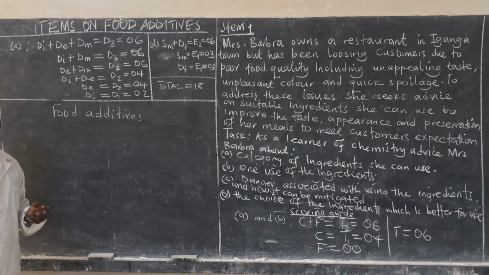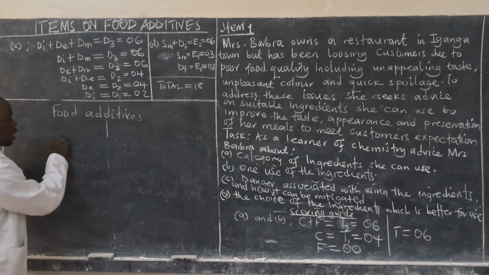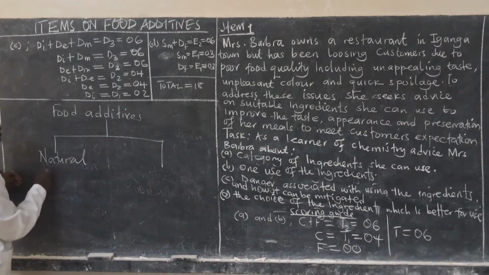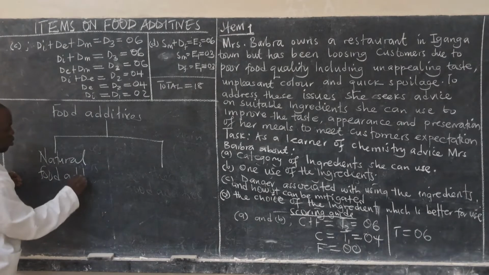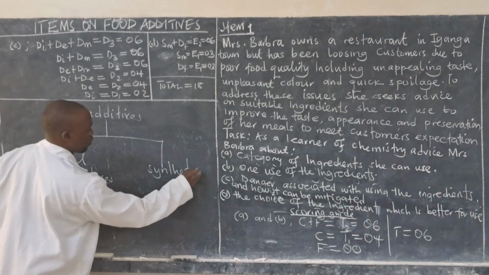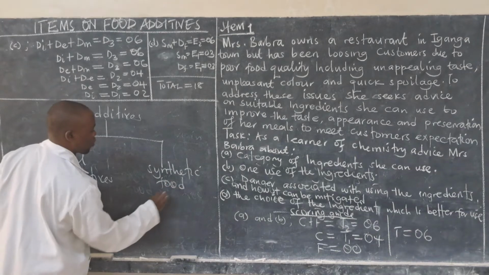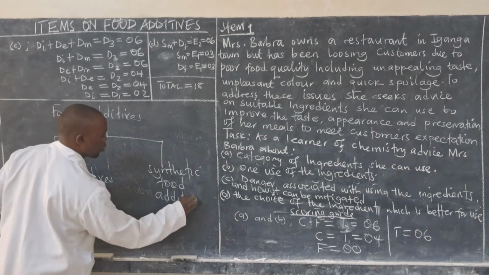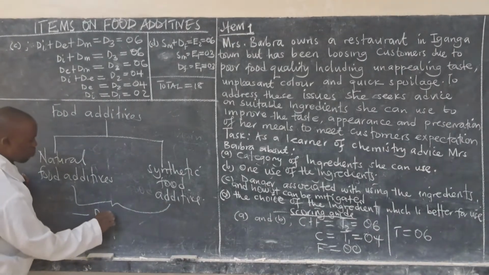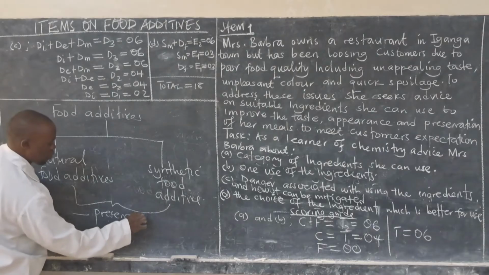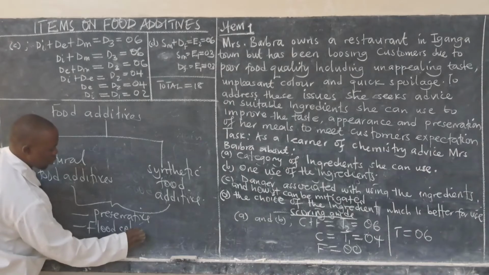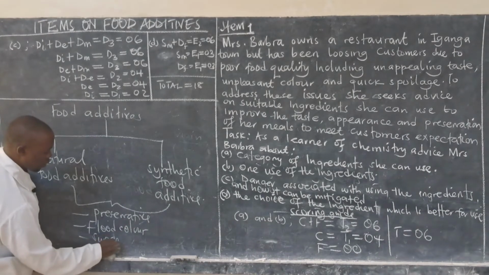Based on the discussion, we can categorize food additives as natural food additives and synthetic food additives, both of which can be preservatives, food colors, or sweeteners.